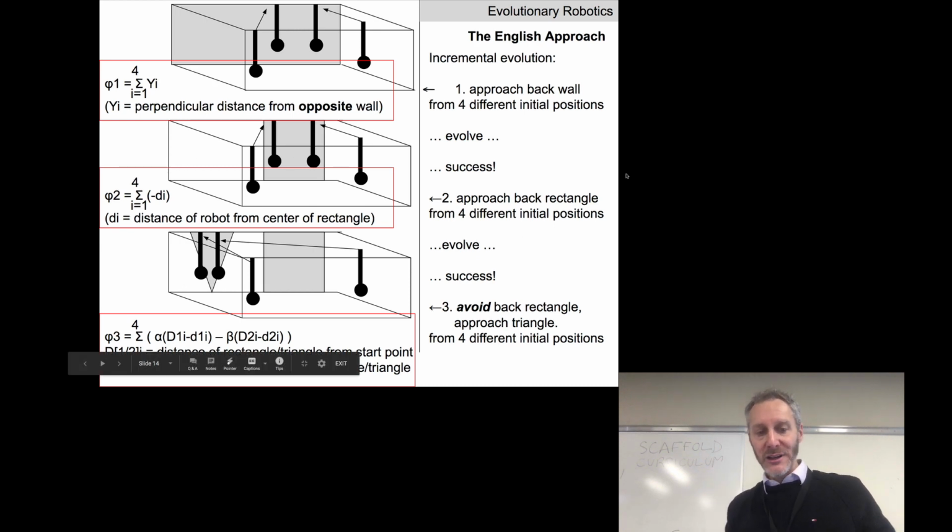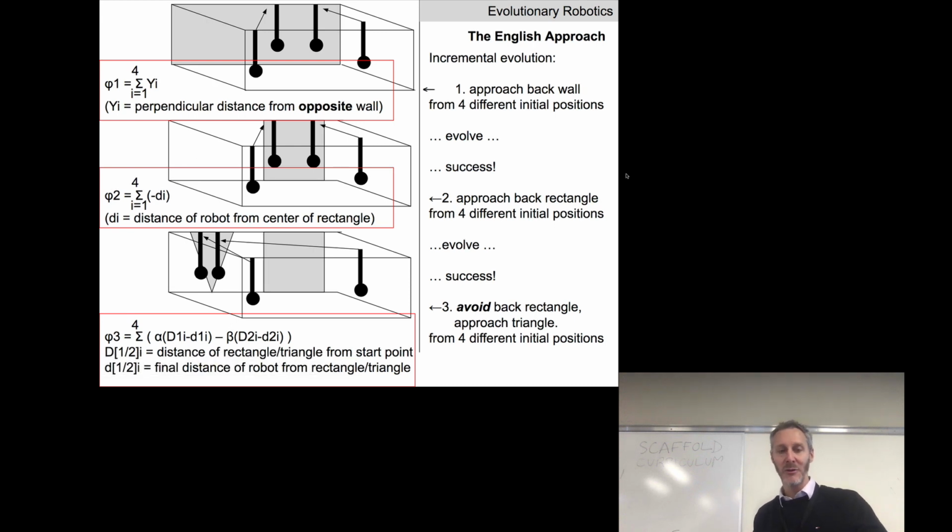In the final fitness function at the bottom here, we've got 2 terms. We're subtracting one from the other. If you look at the first term, which involves the D1s here, it's the distance of the rectangle or triangle at the starting point minus the distance of the rectangle or the triangle at the end point. They're trying to maximize the term that starts with alpha and minimize the term that starts with beta.